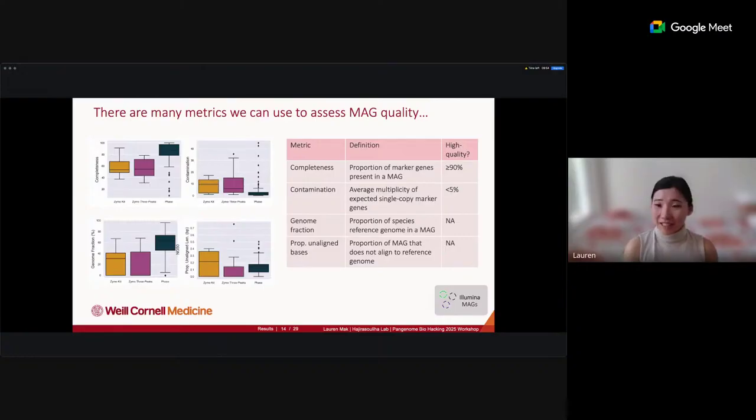The completeness of a metagenome assembled genome is the proportion of single copy marker genes present in a MAG. Contamination is the average multiplicity of expected single copy marker genes. So let's say in a MAG there are 5 copies of most of the marker genes, and then for 2 of them there are 10.